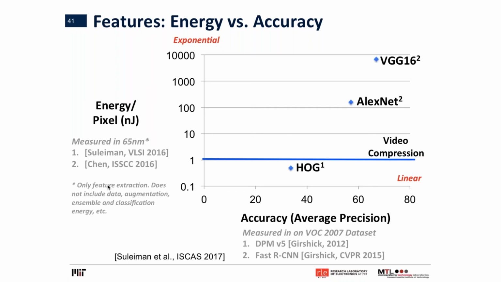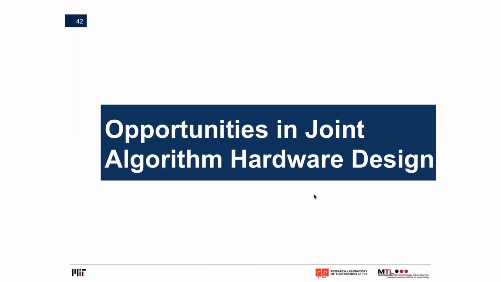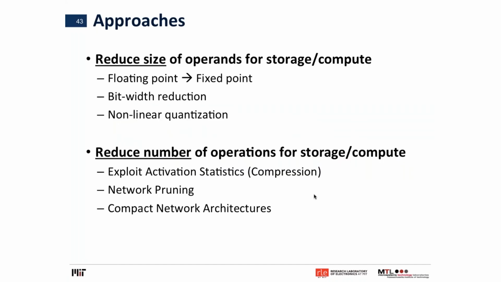So the real question is, can we do something more than just developing custom hardware to make the energy and accuracy trade-off better? Obviously, one of the areas that people have really explored is joint algorithm hardware design. And the idea here is, can I make the algorithms themselves more low-power friendly? This is also an area that's had a lot of research over the past couple of years, and there have been various approaches in this particular space.